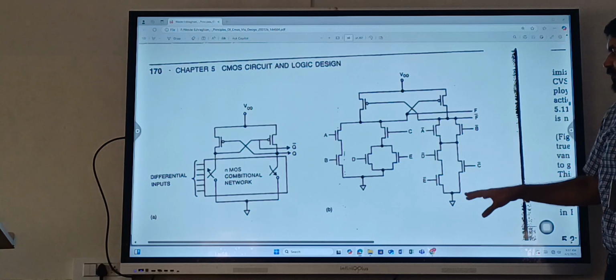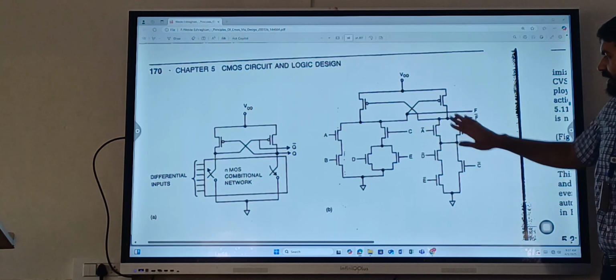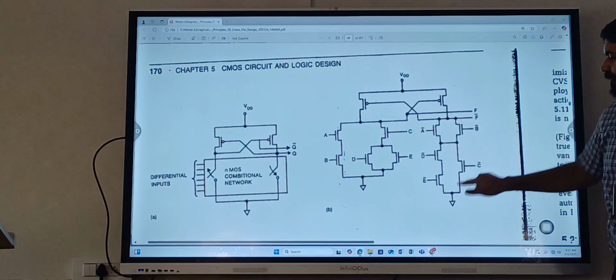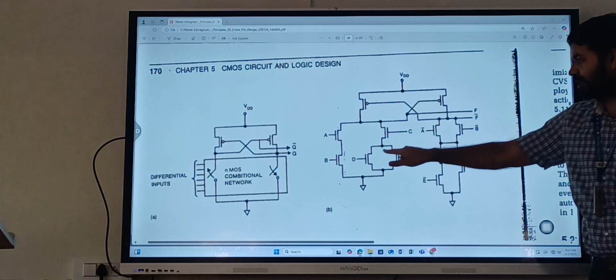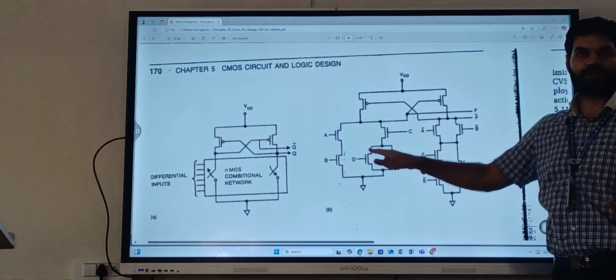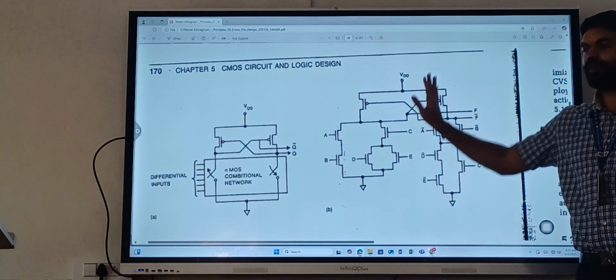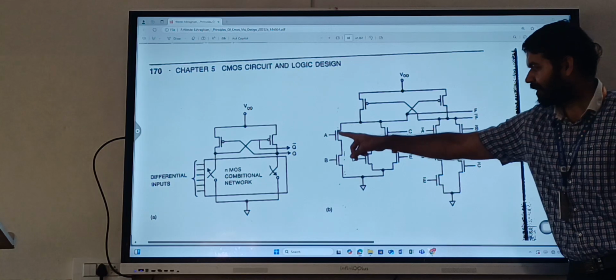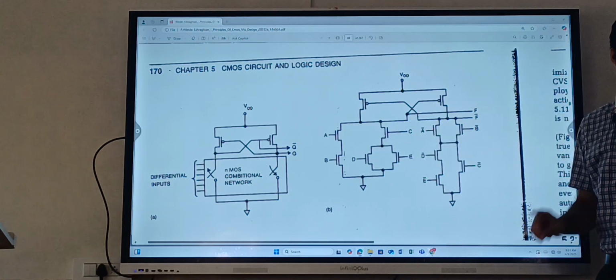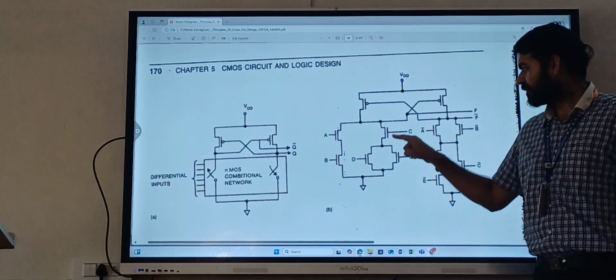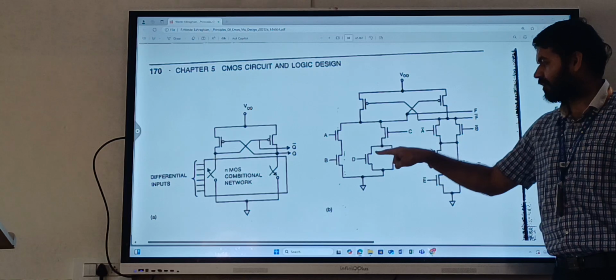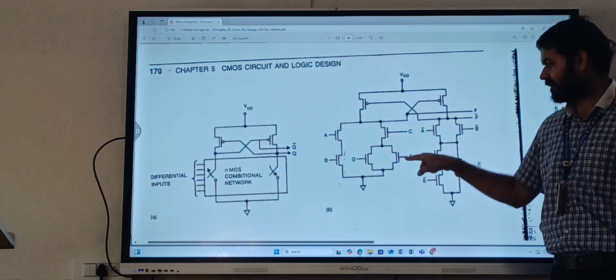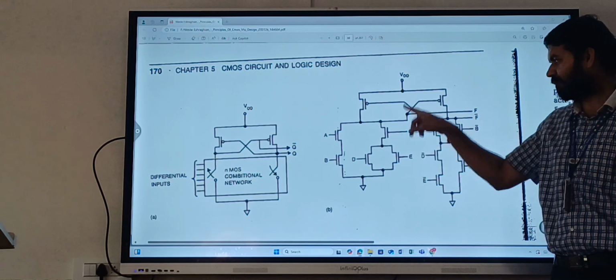But in CVSL logic, in place of PMOS parallel, that same logic we are using with NMOS. So the output for that will be the complemented output, and the other will be the normal output. The normal output for this circuit is A into B plus C into bracket D plus E bracket close, whole bar.